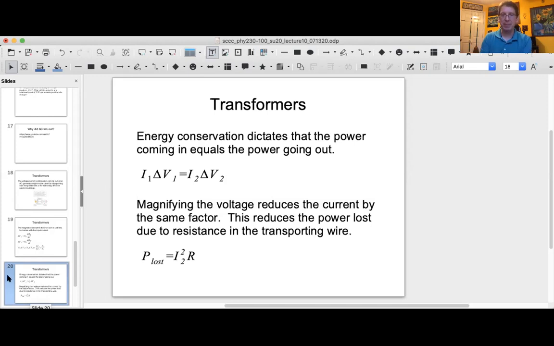So you want to minimize the I squared R, the power that's lost over the wire. Now remember, a copper wire has a very low resistivity, but if you're talking about a really long length of wire, you're going to have a noticeable amount of resistance and a noticeable amount of power lost, but you can minimize that power loss by reducing the current. And so that's the key to this.